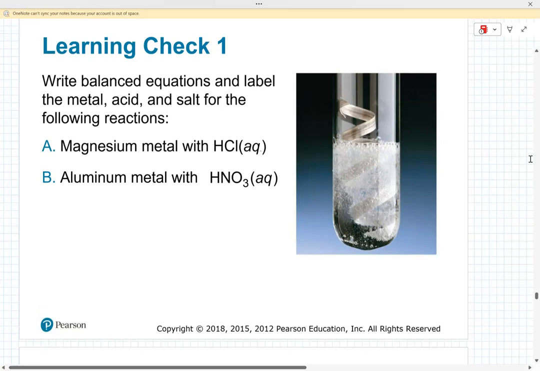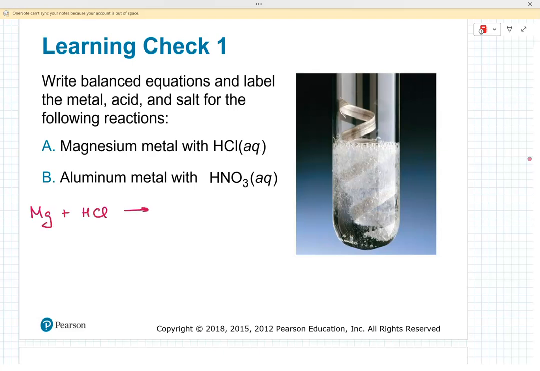So, first reaction, magnesium with hydrochloric acid. Remember, what's going to be produced is salt, and hydrogen. I'm not putting any subscripts. Okay, let's put subscripts.